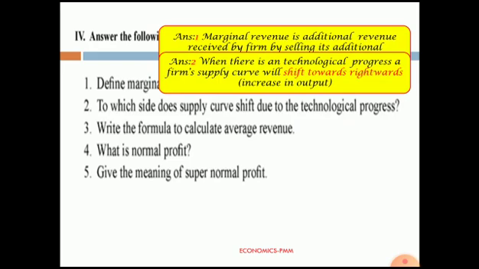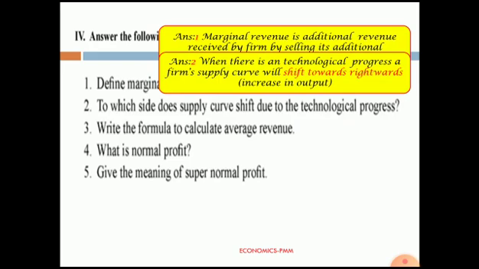So when there is an improvement or advancement or introduction of new technology, any firm will be in a position to produce and supply more output. So here, the supply curve of the firm will shift towards the right.